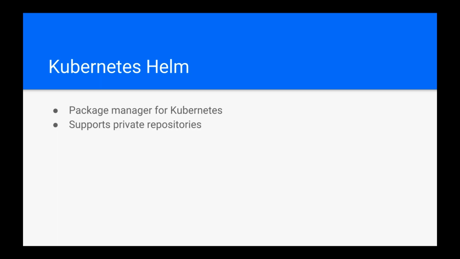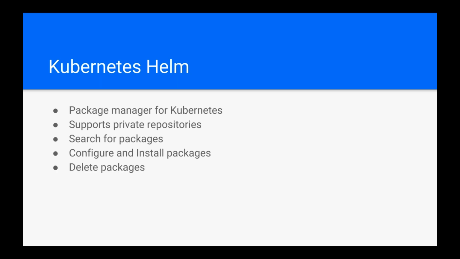This package manager lets you add private repositories, and it lets you search from a global repository or a private repository for packages that are available. Then it also lets you configure these packages before installing them so that it meets your needs precisely. And finally, it also lets you delete packages that you install through Helm.